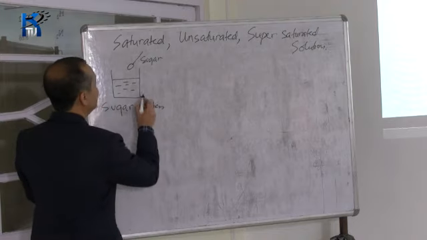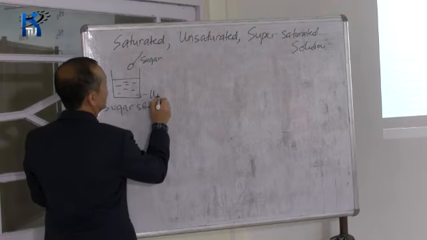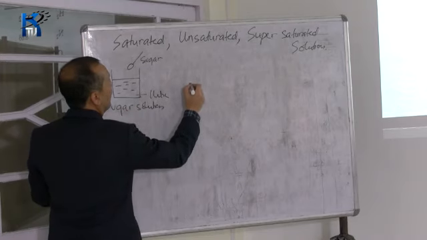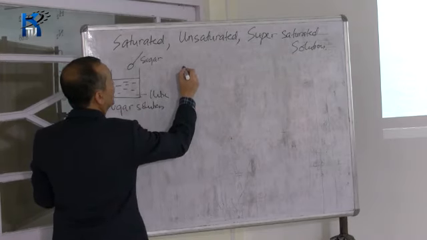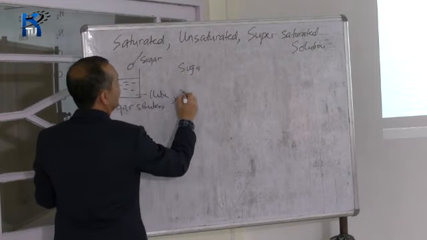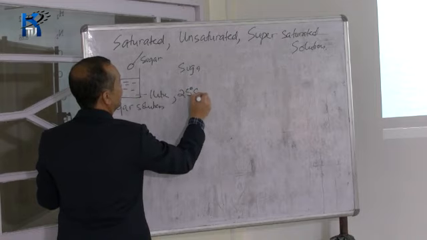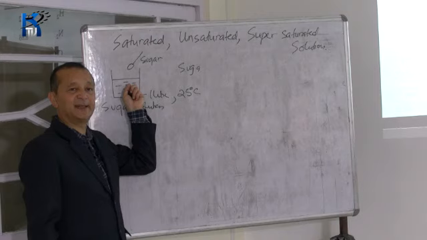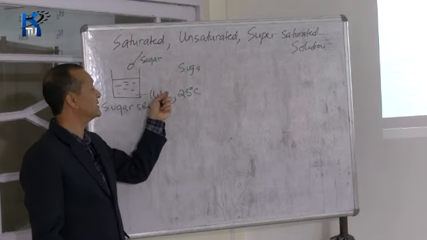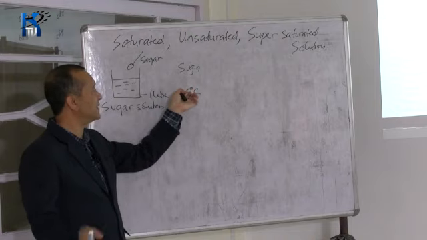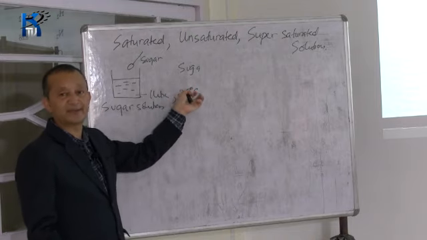Okay. So if this is 1 liter, and the temperature is, say, 25 degrees centigrade, the quantity of water we have taken in the container is 1 liter, and the temperature of the room is 25 degrees centigrade.